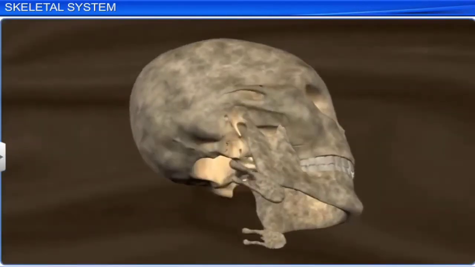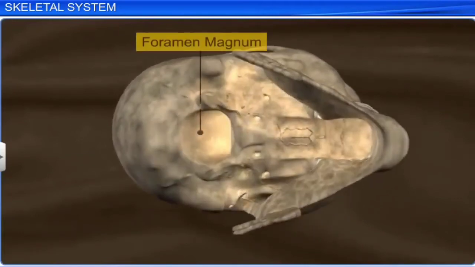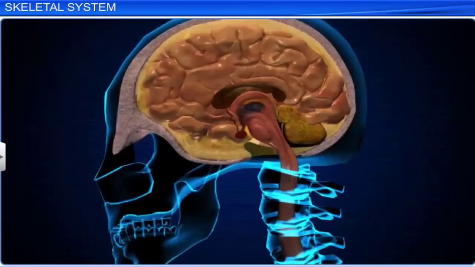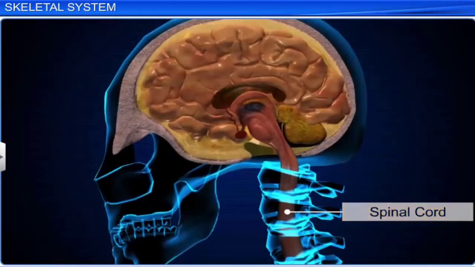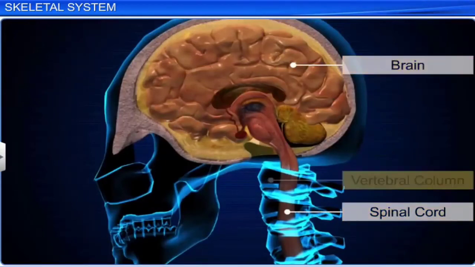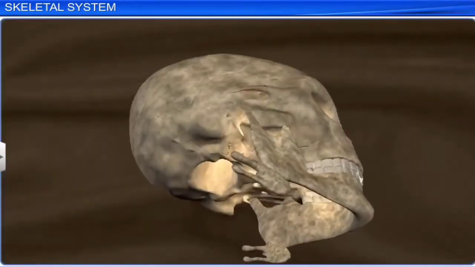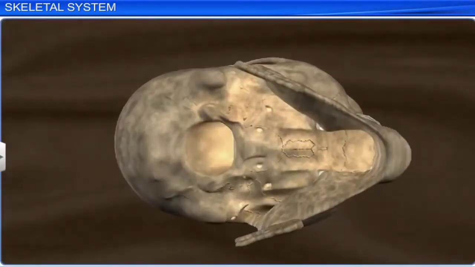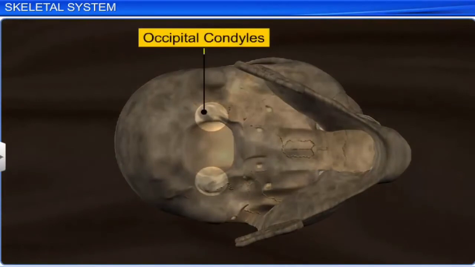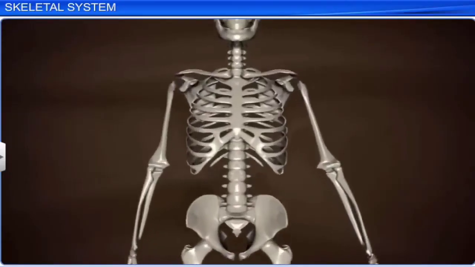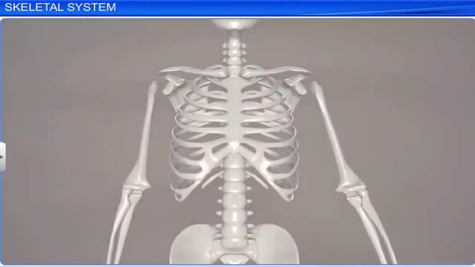The skull also has a large hole called the foramen magnum, through which the spinal cord, after emerging from the brain, continues into the vertebral column. The skull articulates with the vertebral column with the help of two occipital condyles. The vertebral column has three main functions.